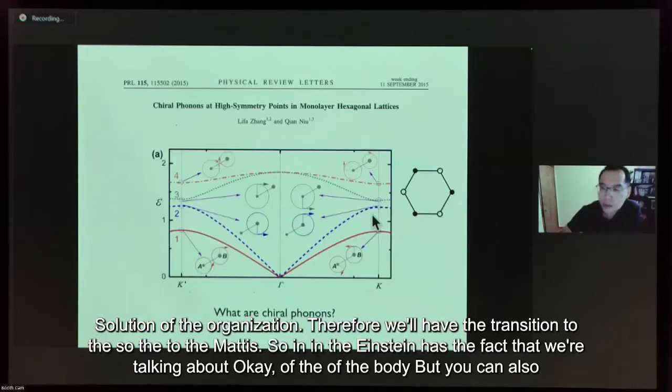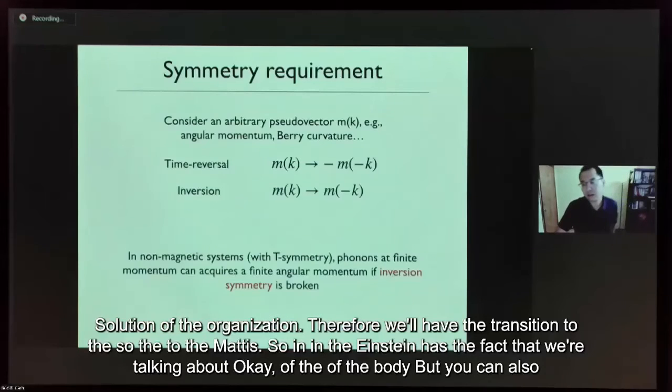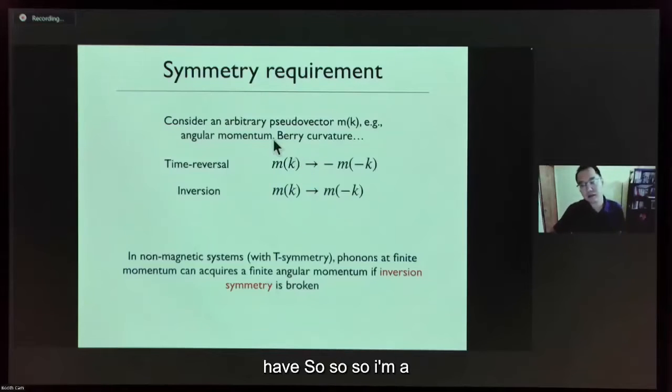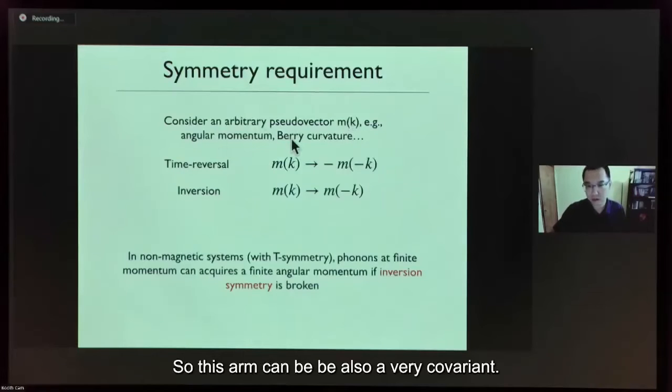But let's see when can we have chiral phonons, right? So this is, again, actually a pretty simple argument. If you consider an arbitrary pseudovector m(k), this m can be angular momentum, it can also be Berry curvature. They are all examples of pseudovectors.